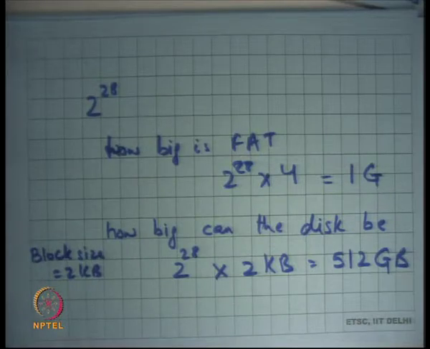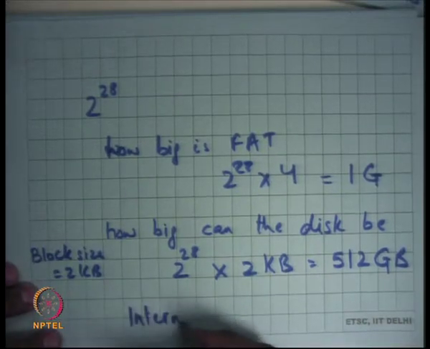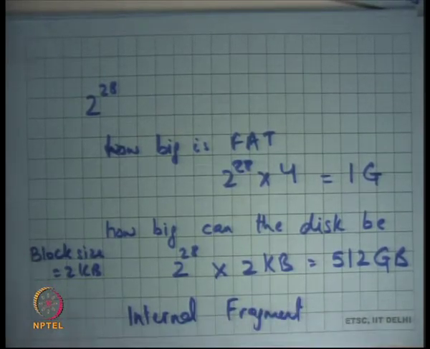So what's the advantage of having a small block size versus a large block size? What are the trade-offs involved? One clear trade-off is that the larger the block size, the larger the disk you can support. But what are the other problems? Firstly, there is what's called internal fragmentation. I was interested in, let's say, 16 bytes of the disk, but I have to read the entire 32 kilobytes.